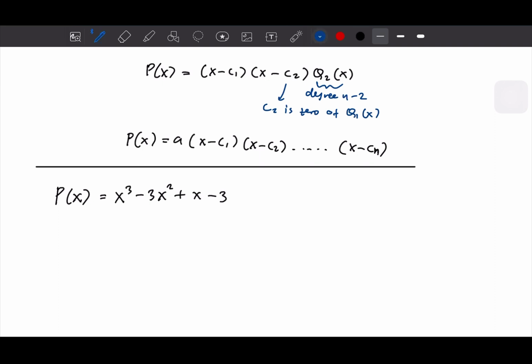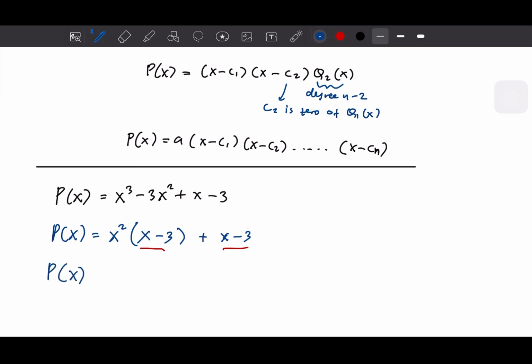One way to do it is to factor x squared out of the first two terms, x minus 3, and then plus x minus 3. Then from this x minus 3, we can factor out, so we get x minus 3 times x squared plus 1.